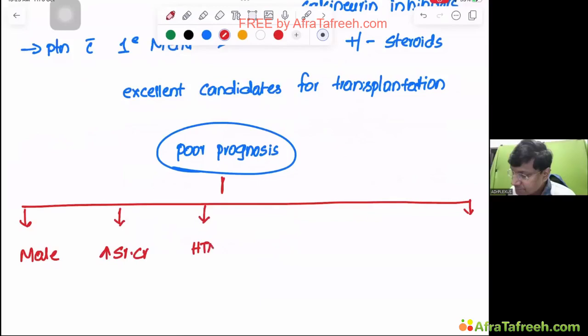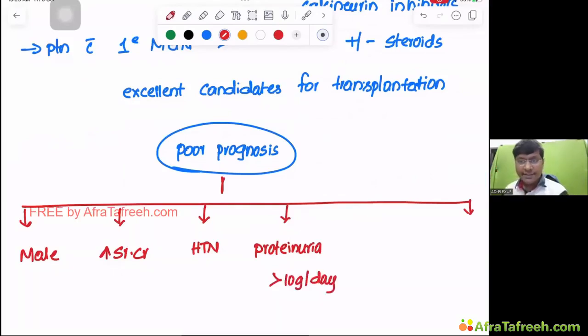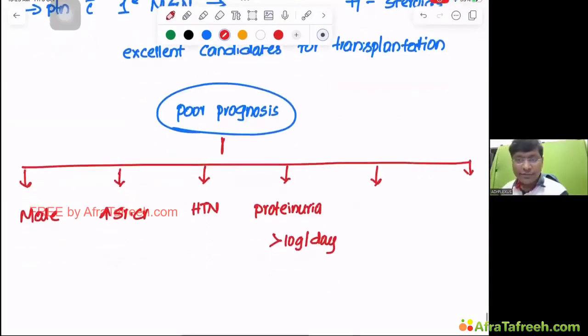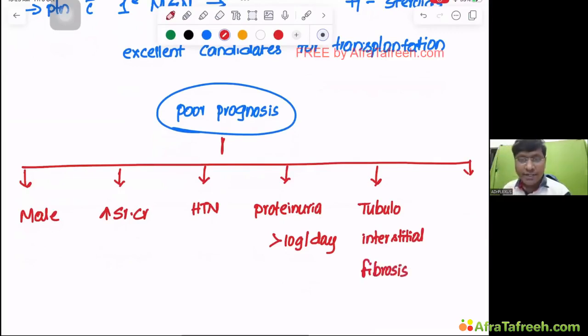Next, patient having hypertension. Patient having proteinuria of more than 10 grams per day. Then presence or development of concomitant tubulointerstitial fibrosis. So these are the poor prognostic features.